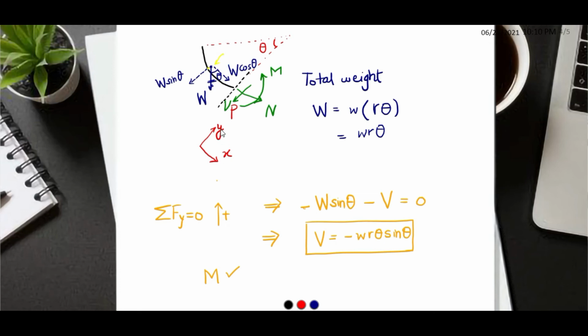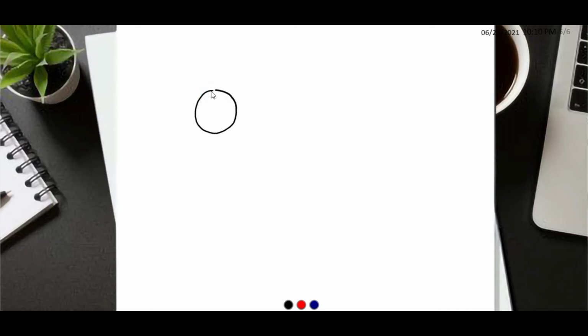The reason is a circle has a center of mass at its center, but if we consider a semicircle, then its center of mass doesn't lie on this part, it will be somewhere here. So we can conclude that the center of mass shifts a little bit upward in case of a semicircle. Again, as we keep on reducing the arc, the center of mass keeps on shifting towards the arc, like this in this case.